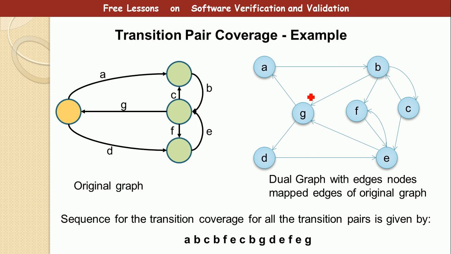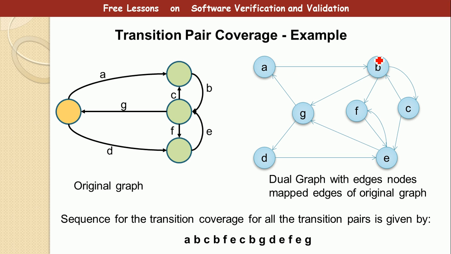After you do this, it means you've done the first part. Then you go ahead to create a dual graph, just like the Euler's graph. So you now sequence through the transitions to cover all pairs of the transitions.